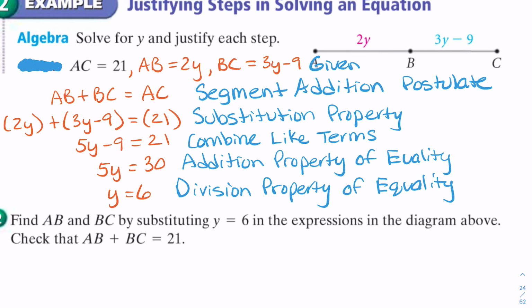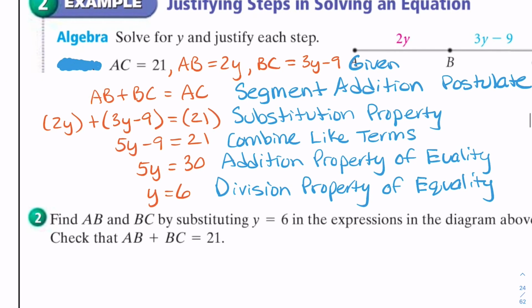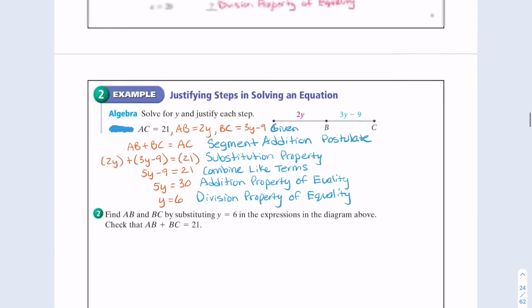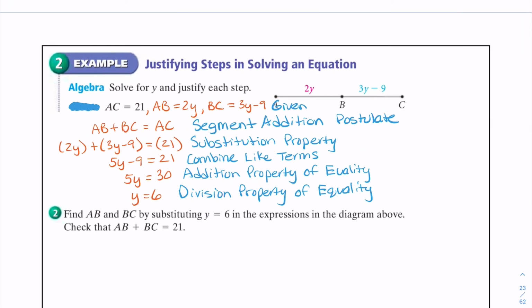You state your given, everything they gave you should go here, and then you introduce something that you want to use, and then from there, these filter off appropriately and respectively into the items that you started with, and that was your substitution property. And then from there on, you just continue on. Okay. The next one, find. So that's the end of that proof.